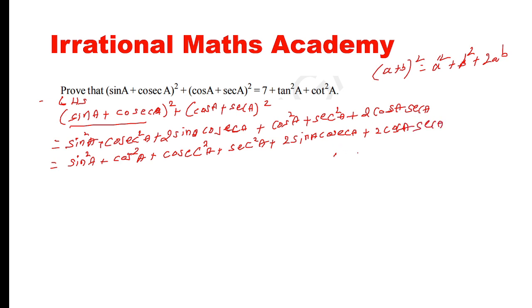One thing you have to remember here, what is the identity we know? Sin square A plus cos square A value is 1.